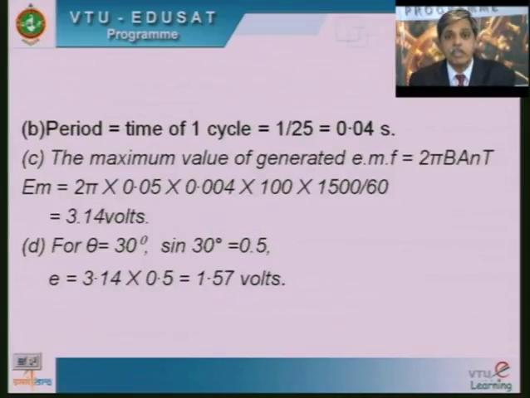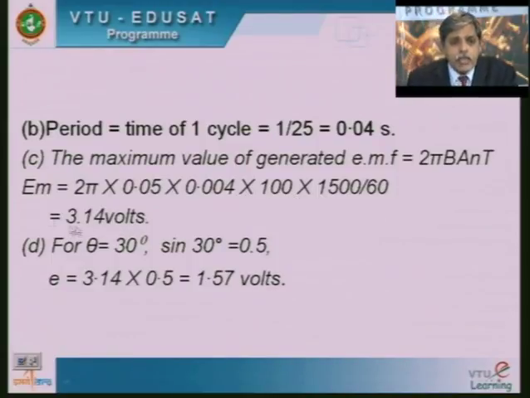That is multiplied by the number of turns as 100, and the speed with which the coil is rotating is 1500 divided by 60. While substituting, I reversed these terms. This should be the capital T and this should be the N. Kindly bear with me. 1500 divided by 60 will give you the speed, and T is equal to 100 total turns. It will give you 3.14 volts.